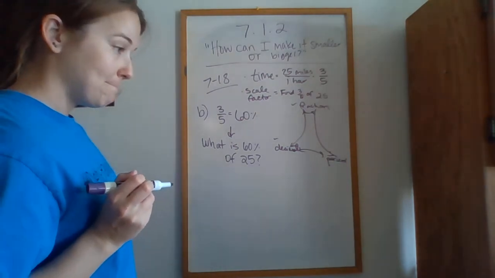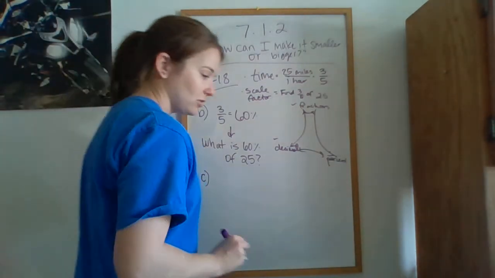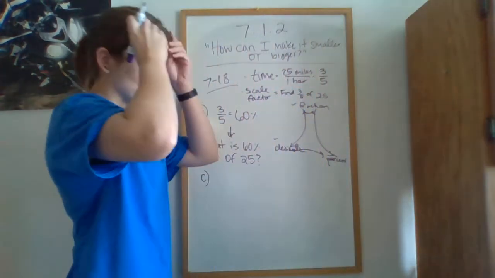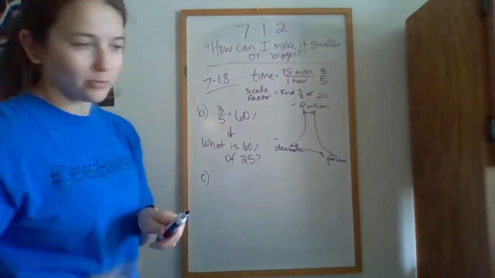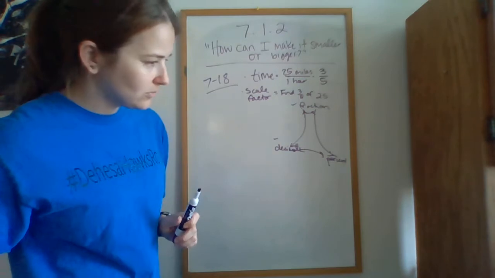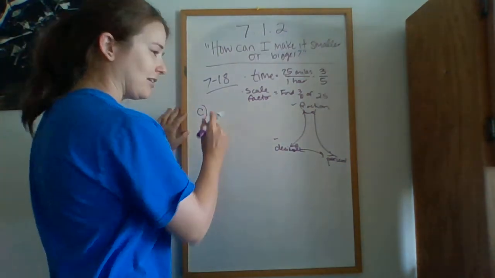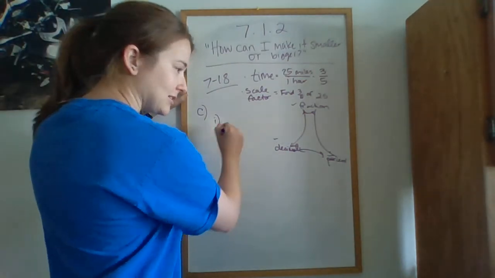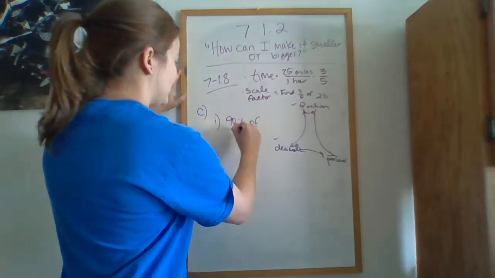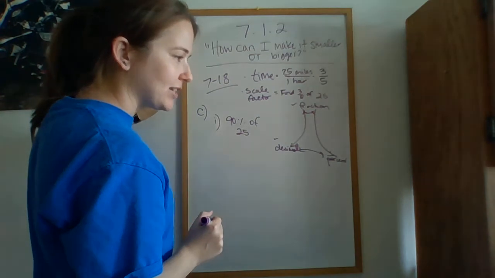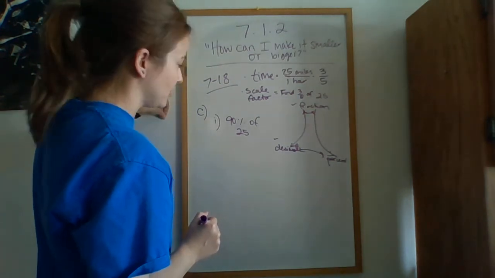So that's part B. And then part C says, use the idea of scaling to find the following values. Write an expression using either a fraction or a decimal. And actually, I'm going to erase this so I have more room. So we have three little sub problems here for C. The first one says 90% of 25. And it wants us to write using either a fraction or a decimal and then find the actual result.